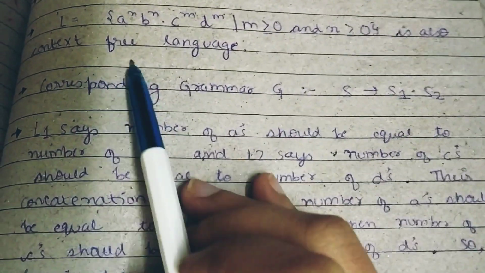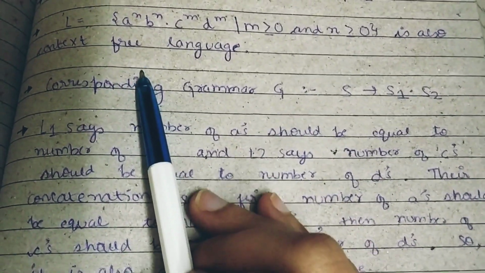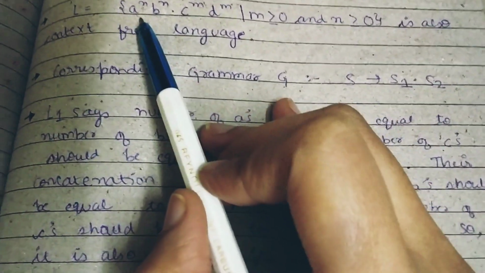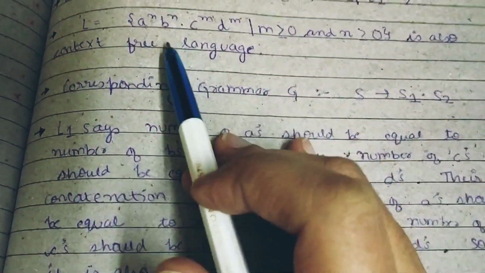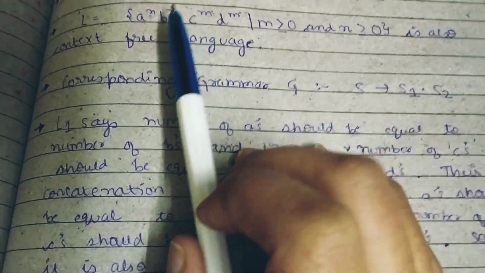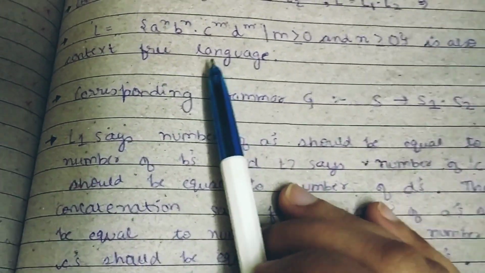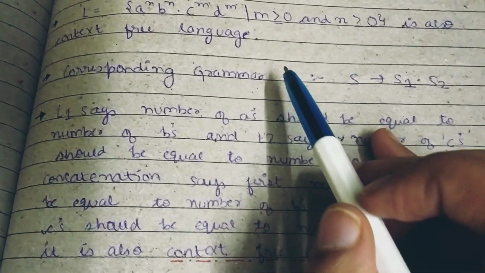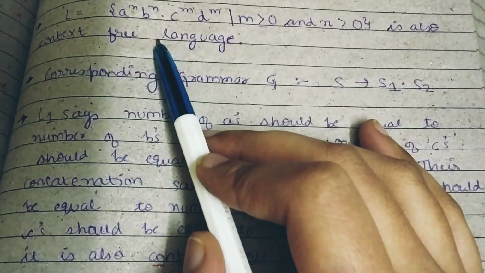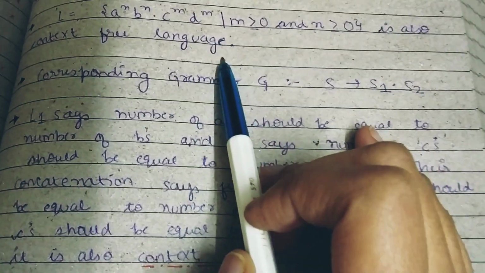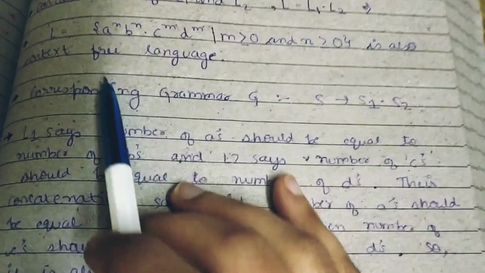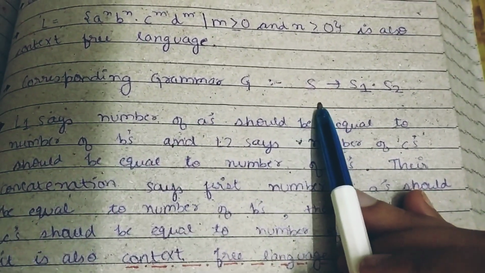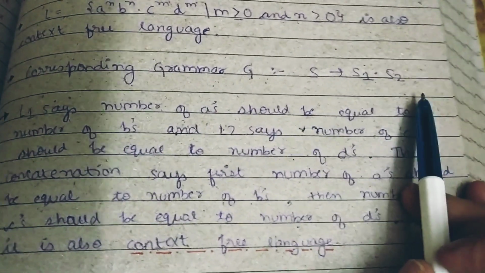This is also a context-free language, because the concatenation of the two languages says that first, in a string, the number of A's should be equal to the number of B's, and then the number of C's should be equal to the number of D's. If this happens, then the language is said to be a context-free language. The corresponding grammar of this language will be denoted as S implies S1 dot S2.